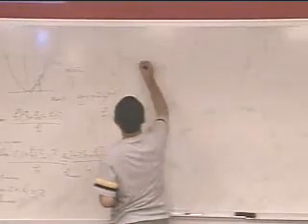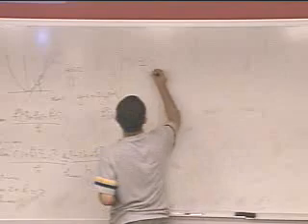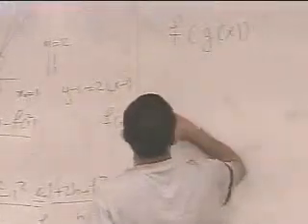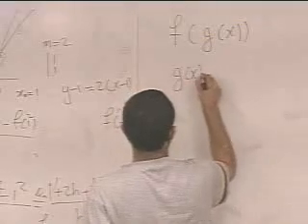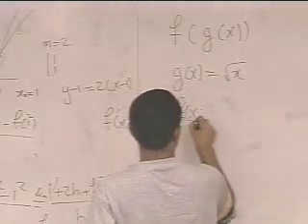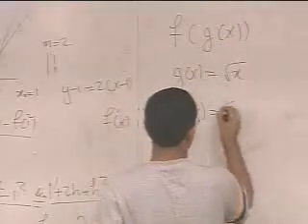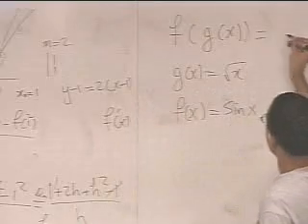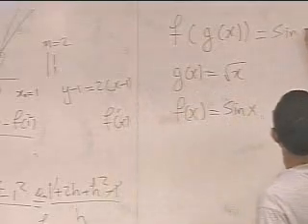So, if you have the function f of a function of x, let's see what this means. Assume that g of x is equal to root of x, and f of x equals sine of x. Now f of g of x would be nothing more than sine of root of x.